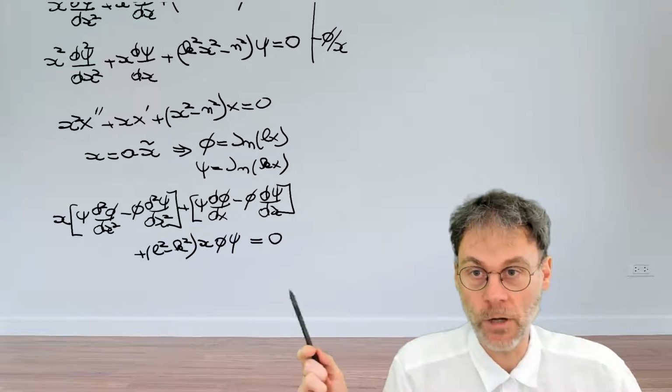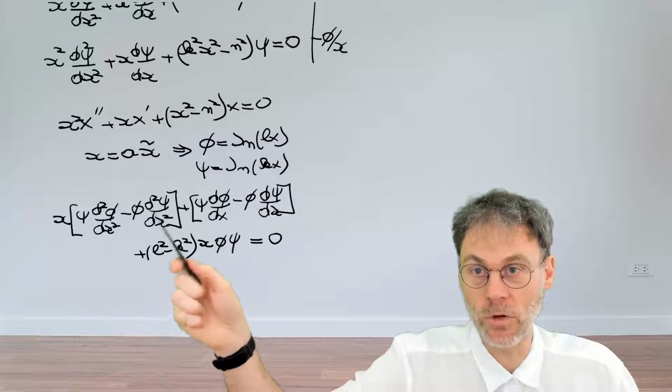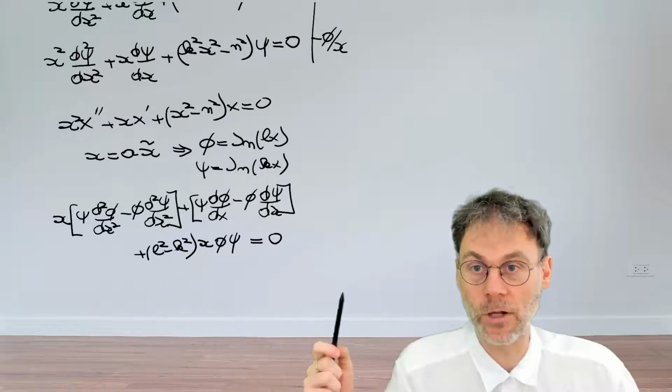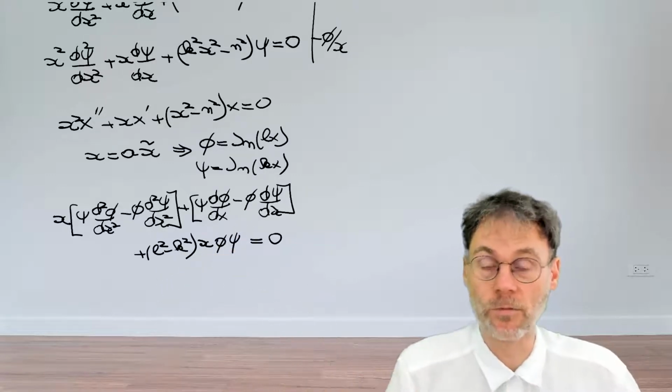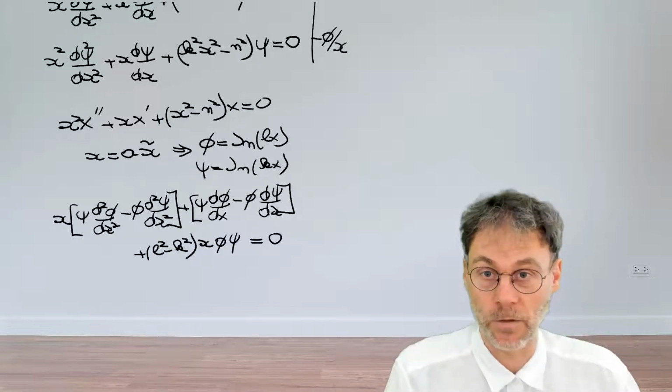So if you stare long and hard at this equation, you will notice that these first two terms, you can actually write them as a total differential, as d/dx of some sort of function. So pause the video and see if you can figure out what that function is.